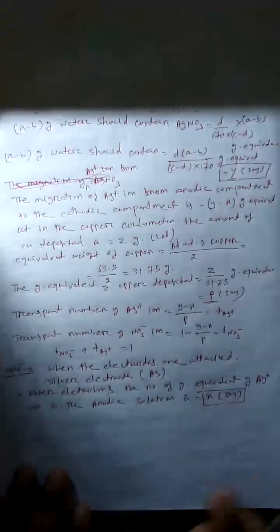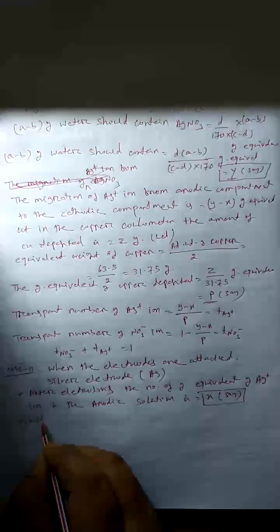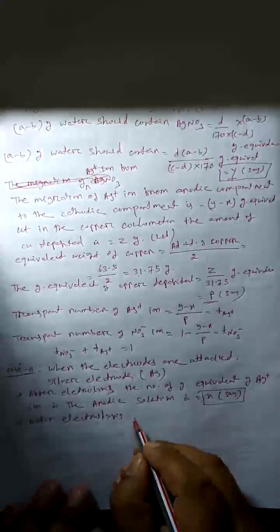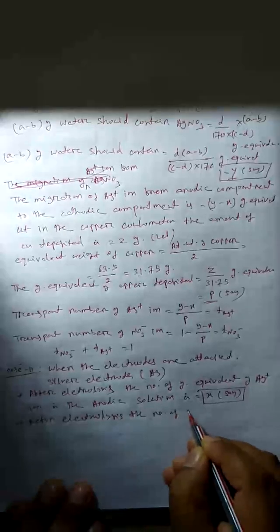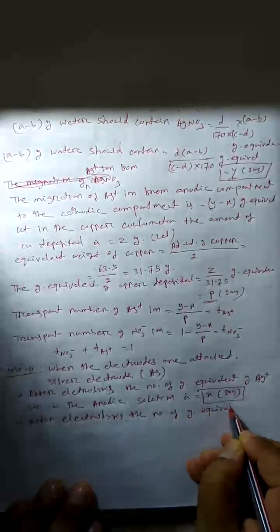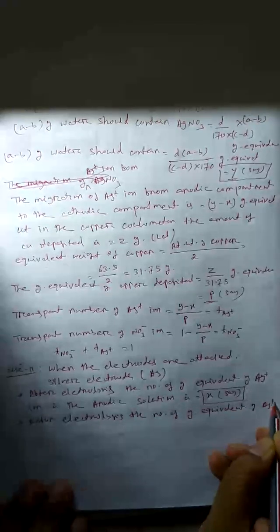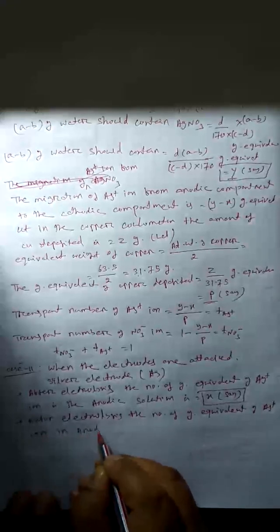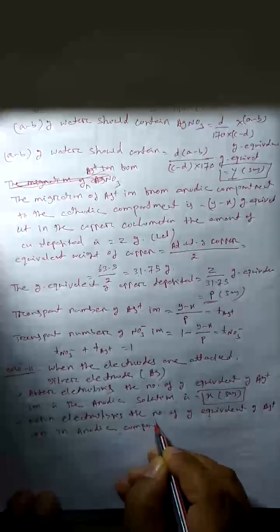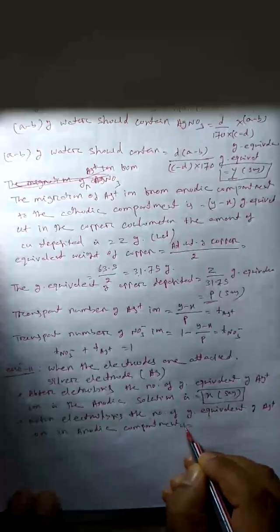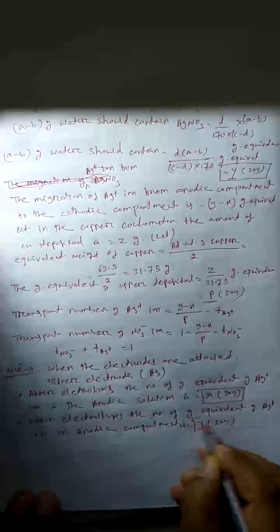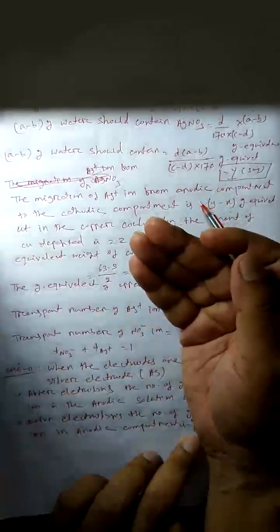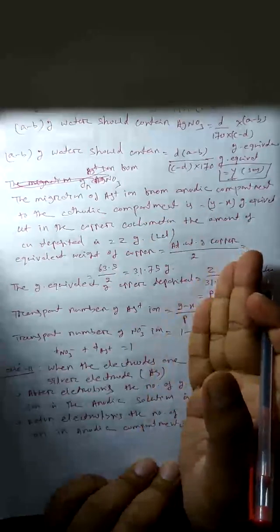So in this case also, before electrolysis, the number of gram equivalent of silver ion in the anodic compartment is Y. After electrolysis, silver ion concentration increases because the anion moves towards the silver electrode and releases silver ion.